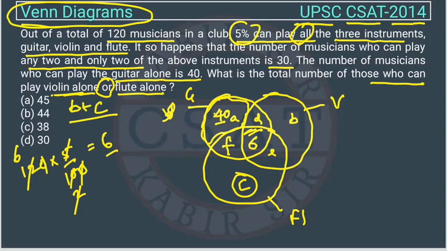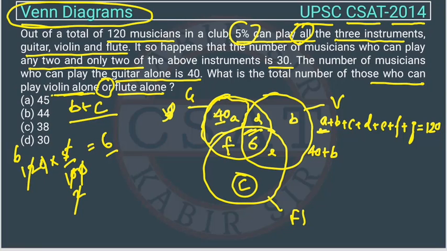They have given A plus B plus C plus D plus E plus F plus G. So what is the total? 120, sorry, right? We know A is 40, so this is 40, right? And G is 6. So we will write this.